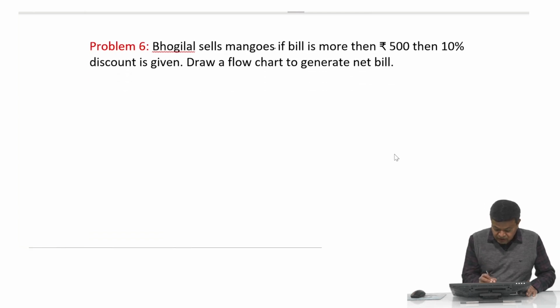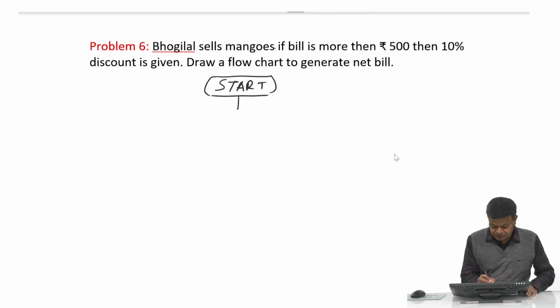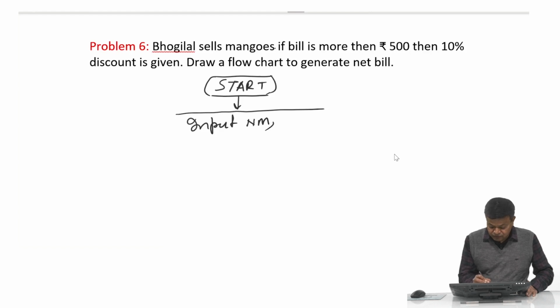So, we start like this, start. See, if I have to calculate bill, then first of all I should know number of mangoes, and then I should know whatever rate is there, rate per mango. Okay.